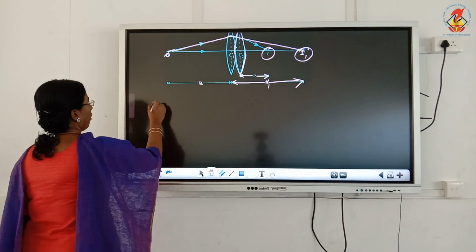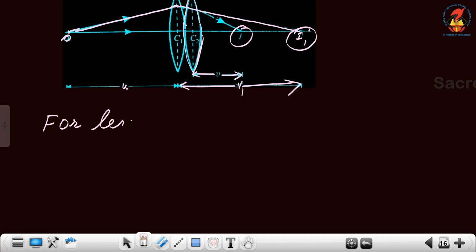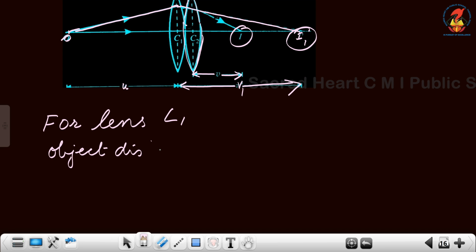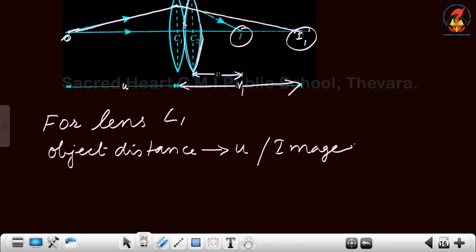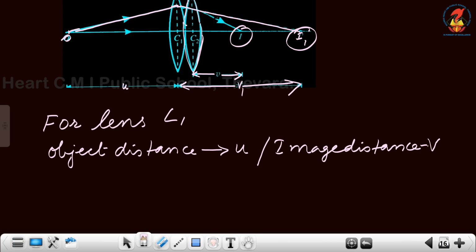For lens L1, the object distance is U, the image distance is V1, and F1 is the focal length of lens L1.